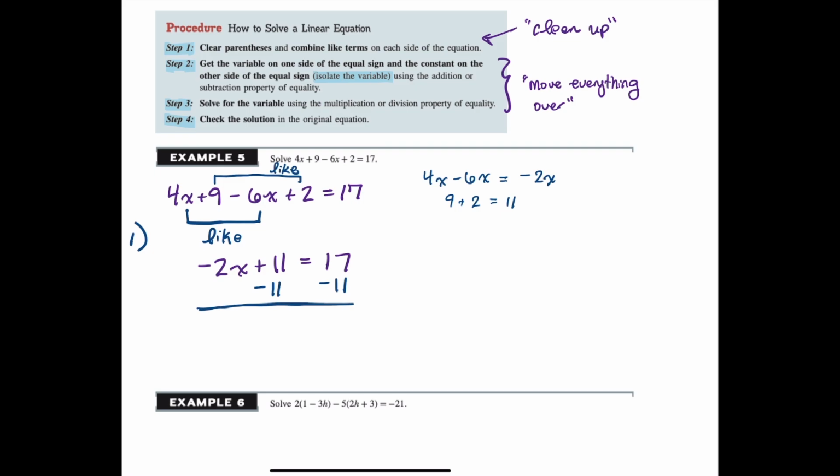So I still have the negative 2x. Those 11s cancel out. And then 17 minus 11 is 6. Next, we would divide both sides by negative 2. And I get that x is equal to negative 3.